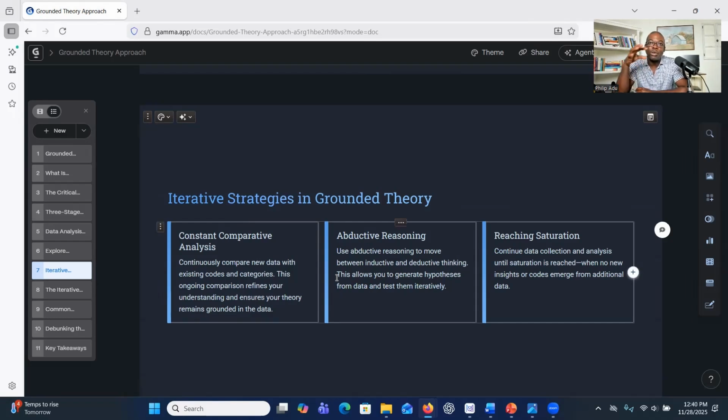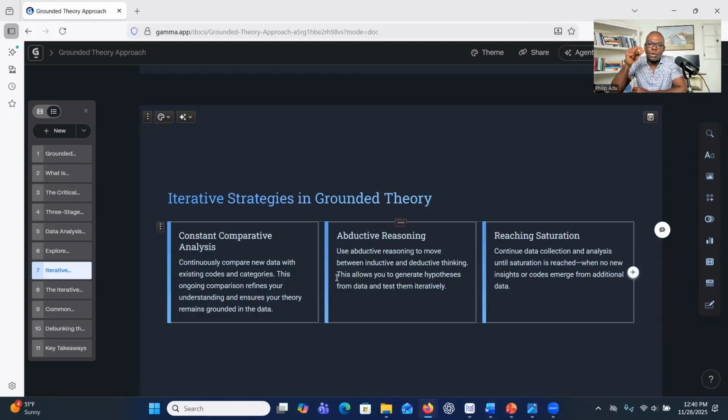Deductive means that you already have a theory or hypothesis, and then you collect data to test the theory and see whether it is true or not. This is done mostly in a quantitative study. But in grounded theory, you have both approaches. The combination of inductive and deductive is called adaptive.